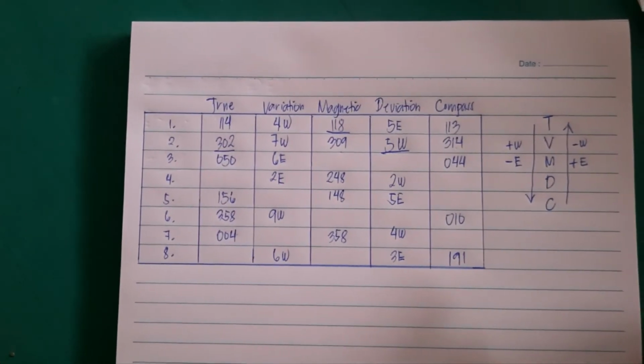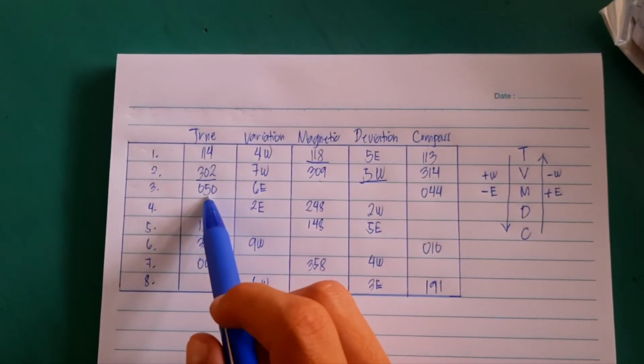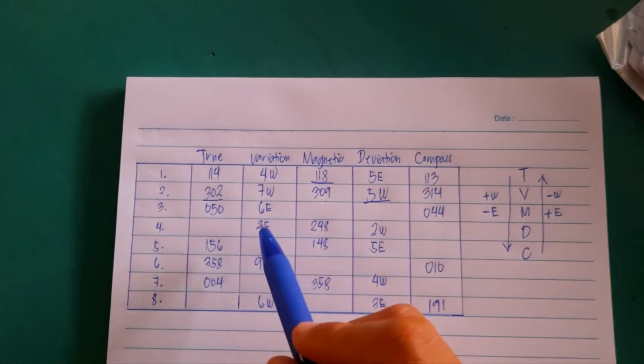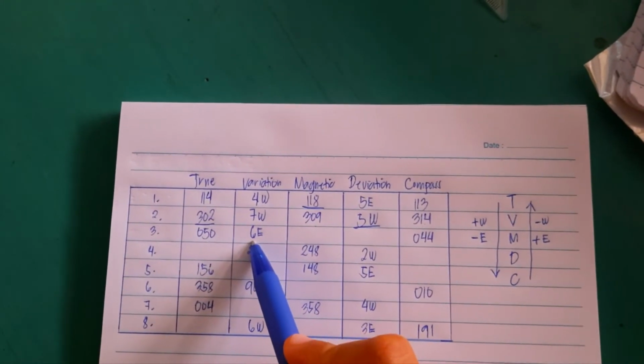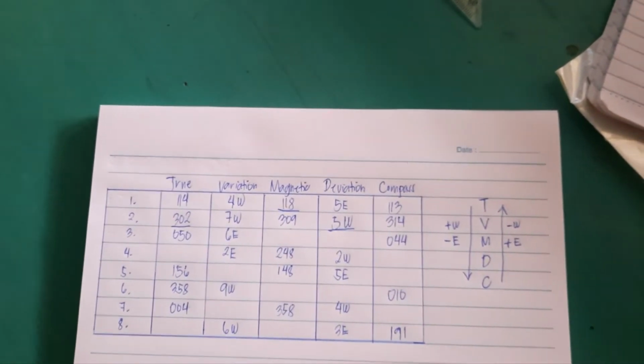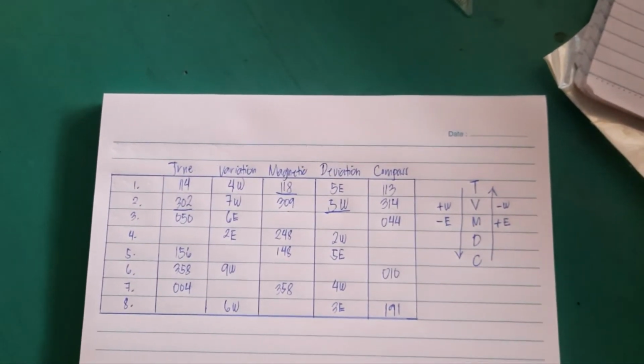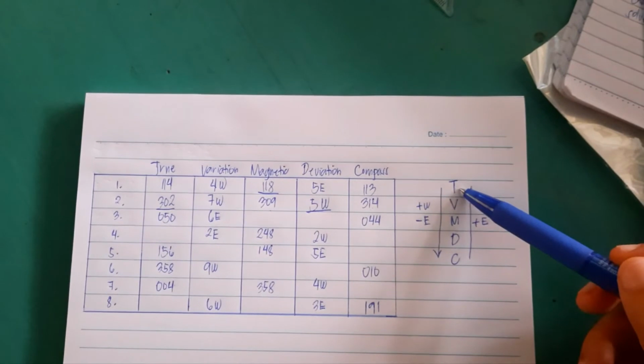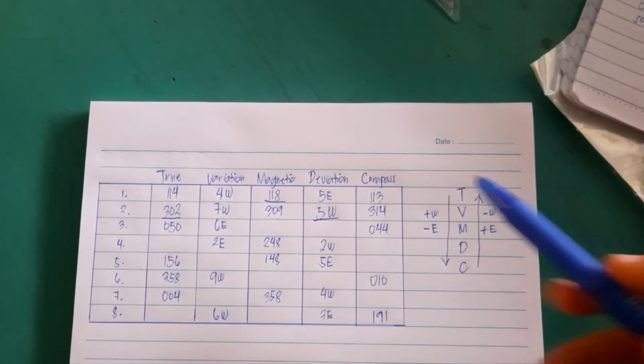For number 3, we have 050 true, variation is 6 east, and magnetic is missing. So we're going to use the rule true course to compass course.